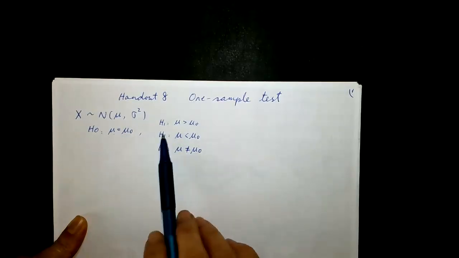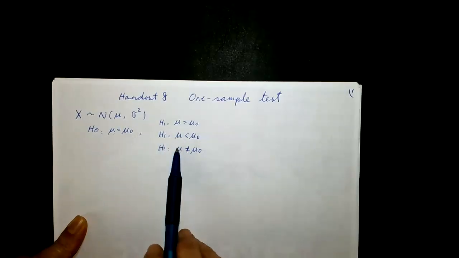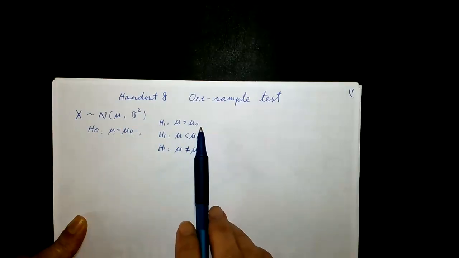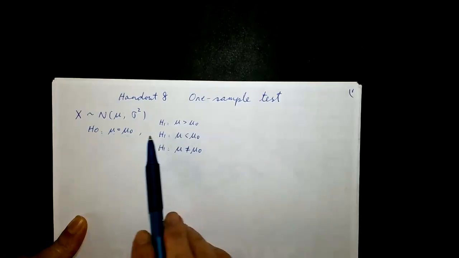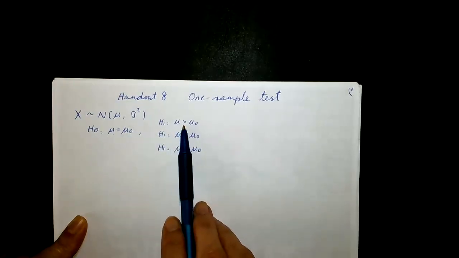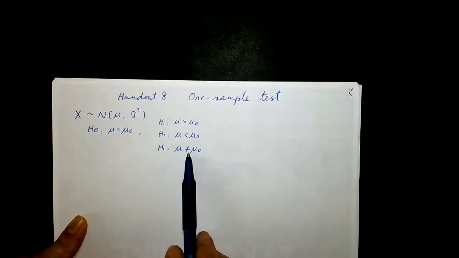Don't worry about where to write what. If you see the first two pairs, they are one-sided test because you test either this equal or greater or less. So one side. The third pair is called two-sided test.